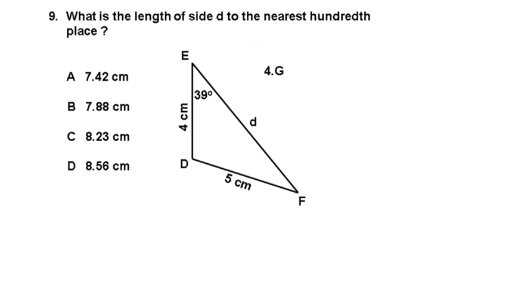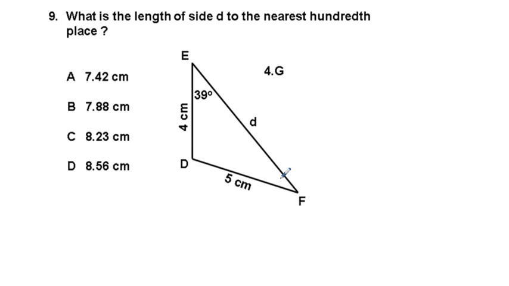Next, 9. What is the length of side D to the nearest hundredth place? Well, we can't directly get D because we don't have a known angle. We don't have angle D, so we can't do that directly. So we're going to have to go around the horn.